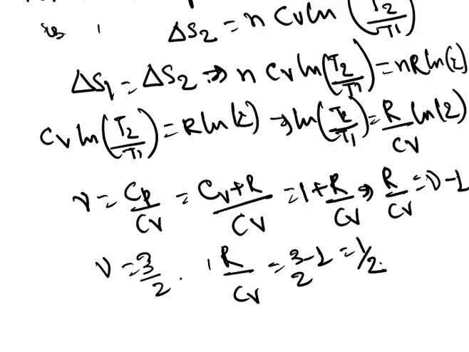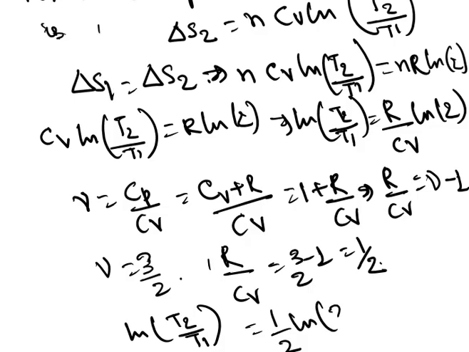Or we can write that ln T2 by T1 is equal to half ln 2, which implies T2 by T1 equal to 2 to the power half, or equal to root 2.